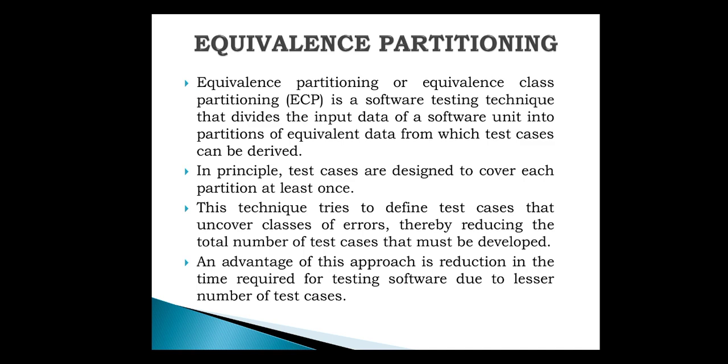So that's why we do not need to check all possible combinations. You just need to pick any combination from your particular class. We'll see the example afterwards, so we'll just go through it.